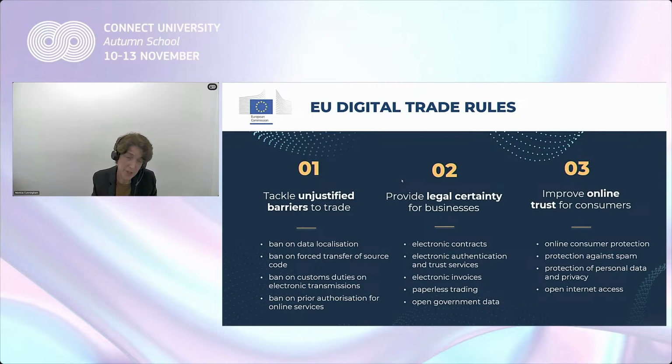We have a provision for electronic invoices, and the aim there is to ensure that when a country develops an electronic invoicing system, that system should be based on international standards and should promote interoperability between electronic invoicing systems. So we're looking at reciprocal commitments regarding the development of electronic invoicing systems that can function automatically.